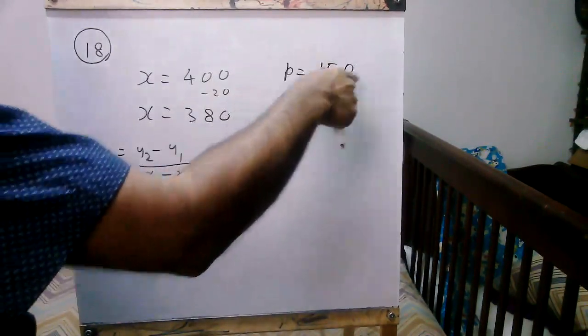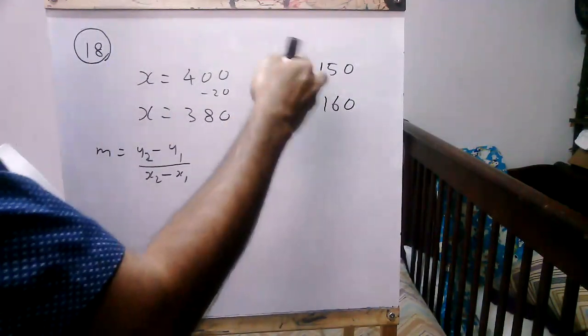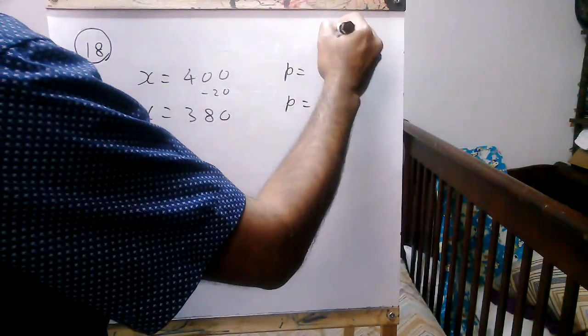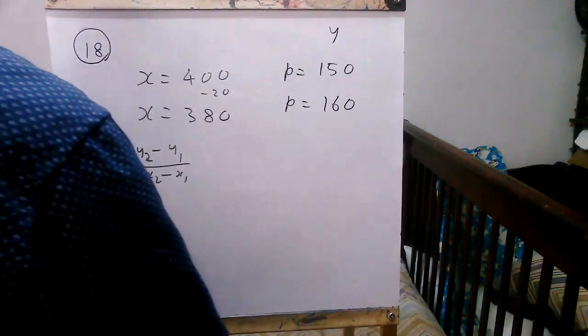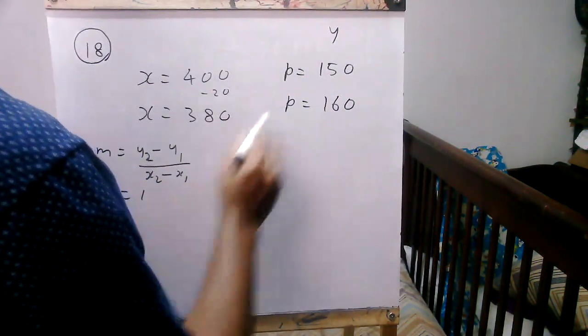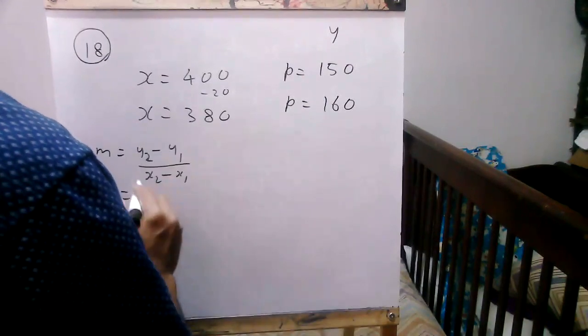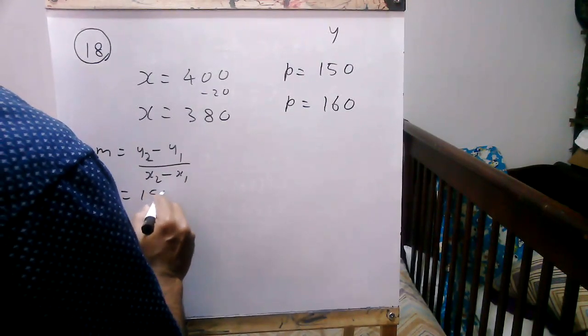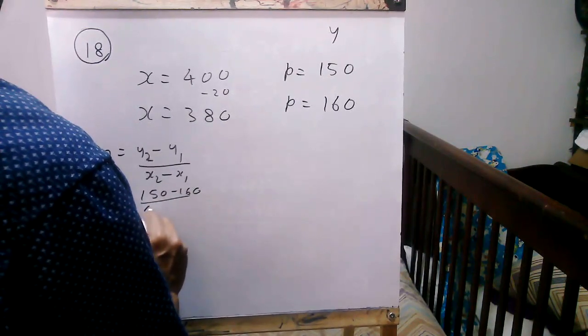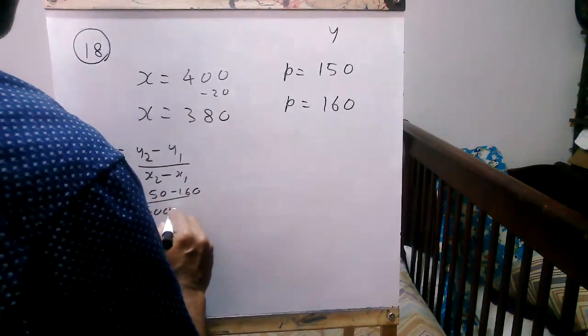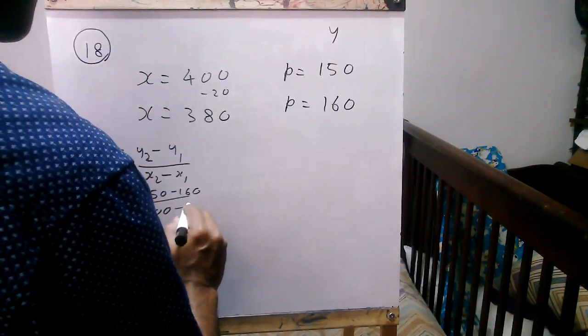This is x; just assume p is your y. Then we get 150 minus 160 divided by 400 minus 380.